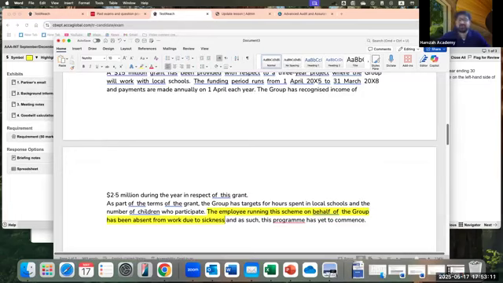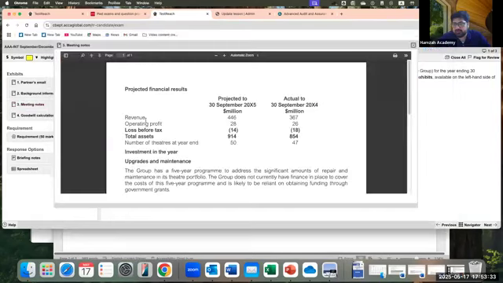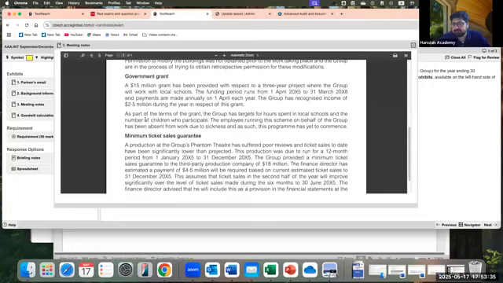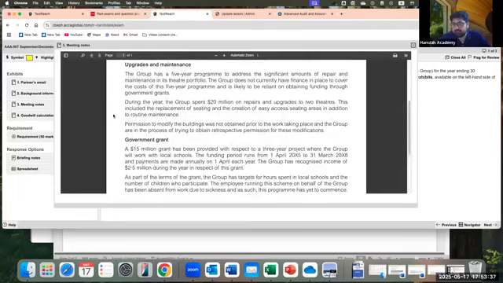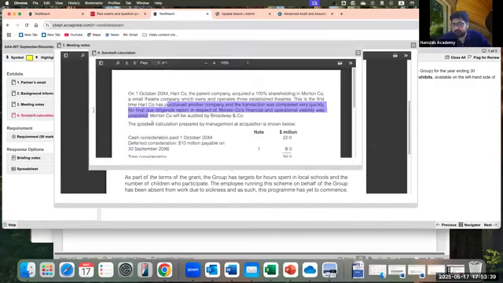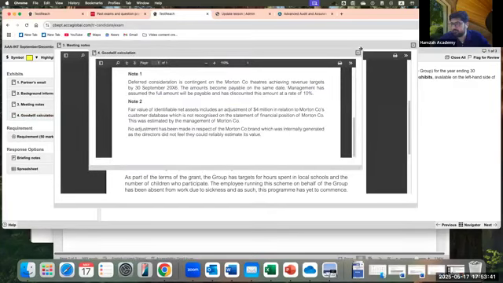So the program has not commenced. Educational grant. Just 1 second. Let me check if there is any other information related to the grant. No.